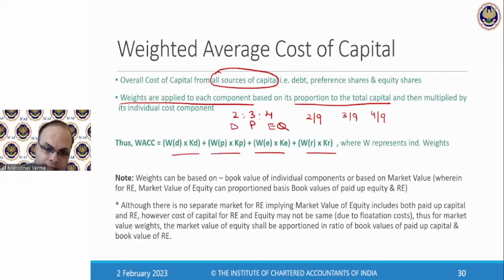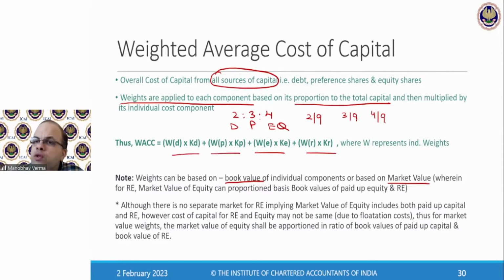Weights can be either the book value or the market value. Guys, please be with me, an important point here. If we are talking about book value, it's very easy. We can just refer to the financials, the book value as per the balance sheet of the individual components.